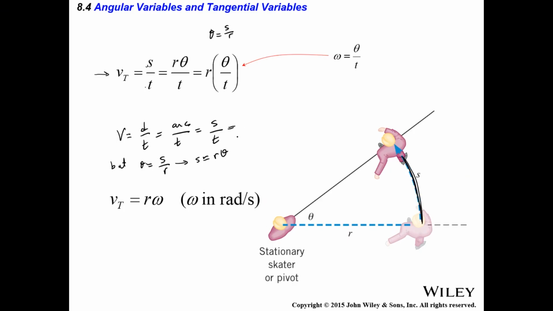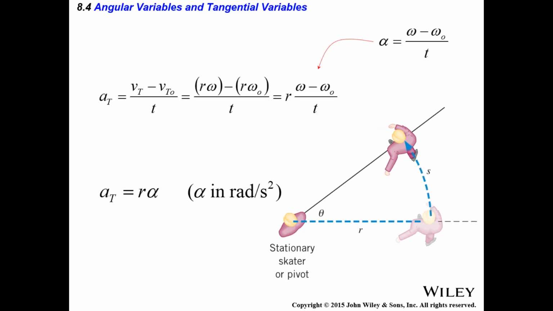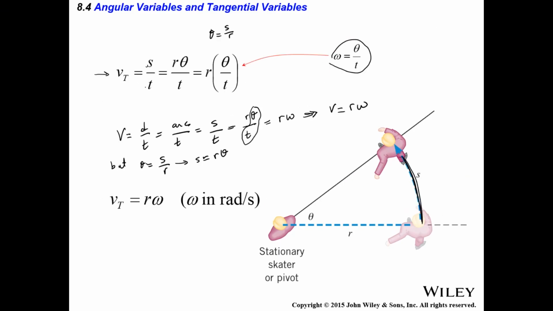I can substitute this here, and I'll get r theta over t. Now, theta over t is none other than the angular velocity. I just got that v is equal to r omega. I found a relationship between the linear speed and the angular speed. The translational speed is r times the angular speed.